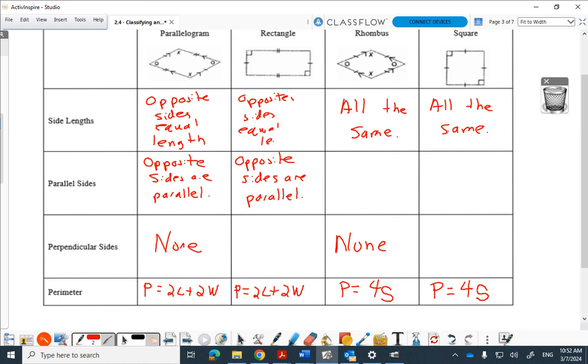Good. Only 4 more to go. Parallel sides of a rhombus. Opposite sides are parallel. And also for squares, opposite sides are parallel.